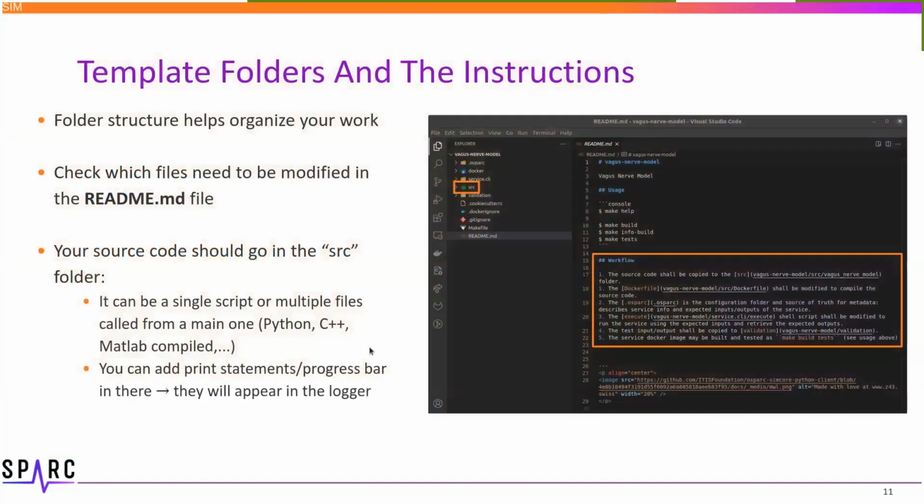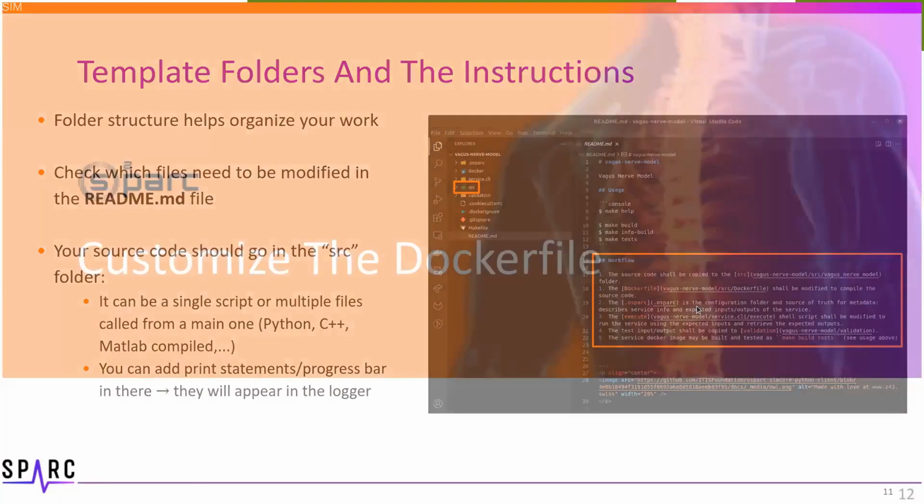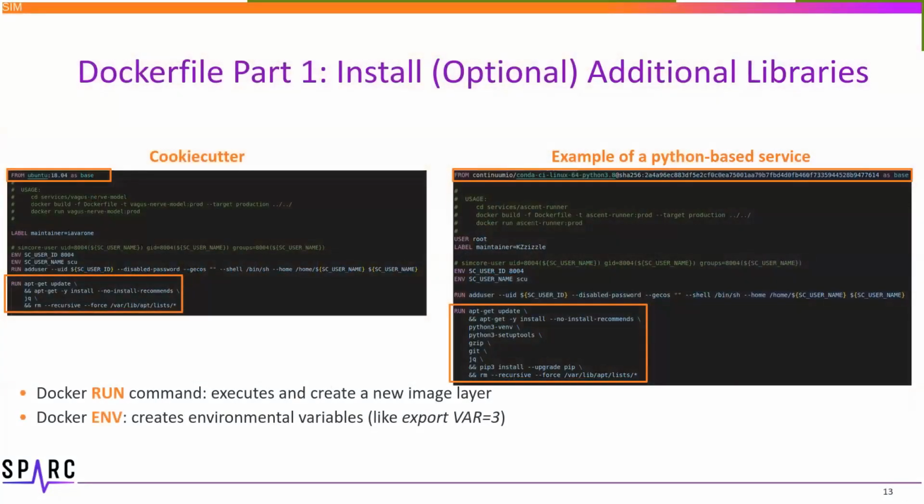So let's go back to the steps. The first thing you have to do is to modify the Dockerfile. The Dockerfile is basically a configuration file that creates a machine, a full computer. You have to imagine that you need to run your code in that machine with the additional libraries you might need.